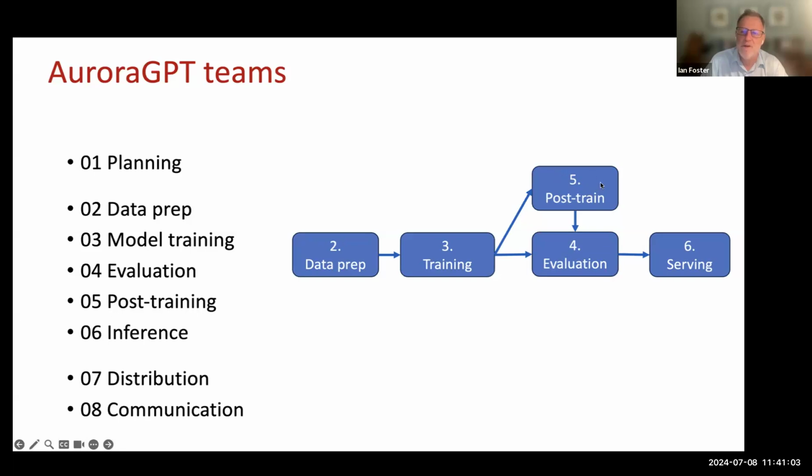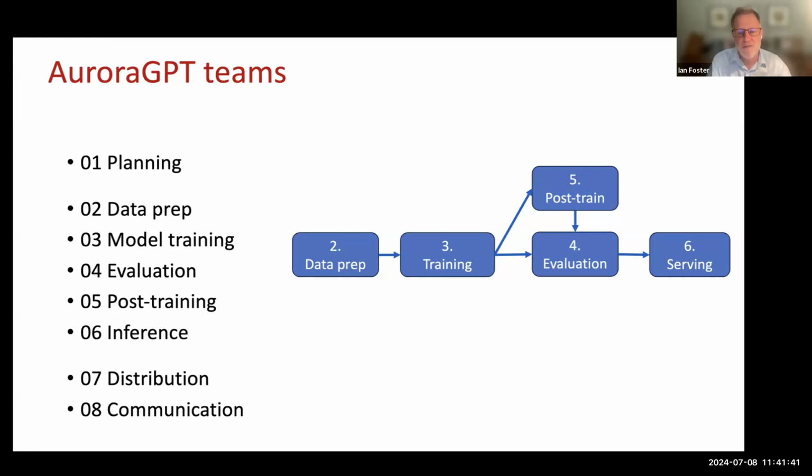It's arguably similar for post-training, although there may be post-training we want to do to specialize for scientific inference, etc. But I'd say the two areas where really very specialized work needs to be done, and where we would like to be partnering with Michigan and others, are preparation of scientific data to create a model that's specialized for science, and then evaluation tests that allow us to determine whether the model we've specialized for science is actually any better.